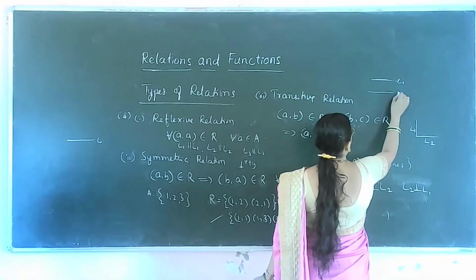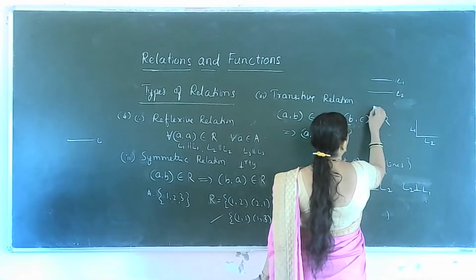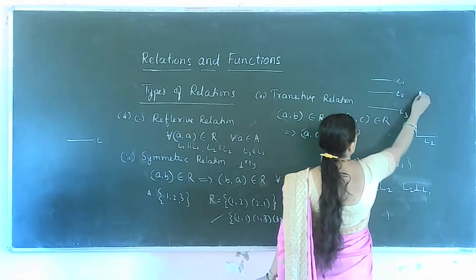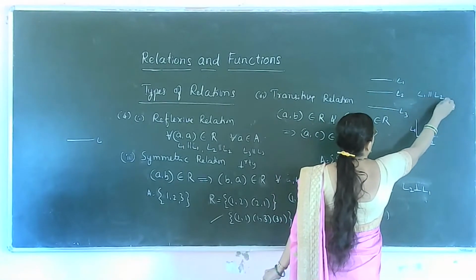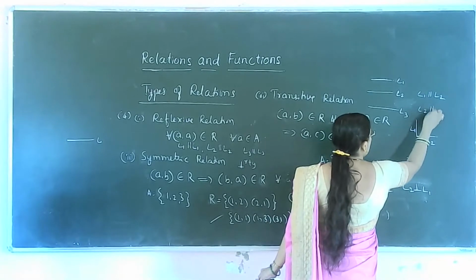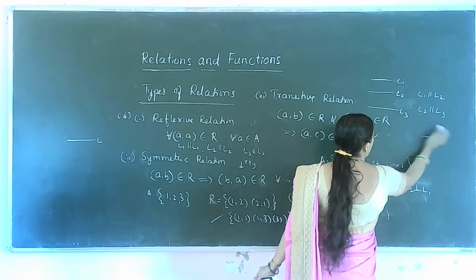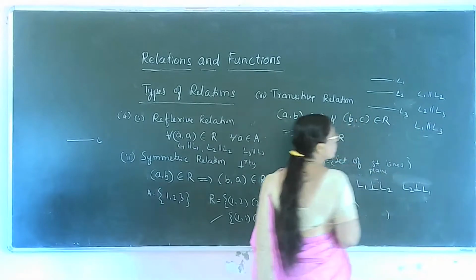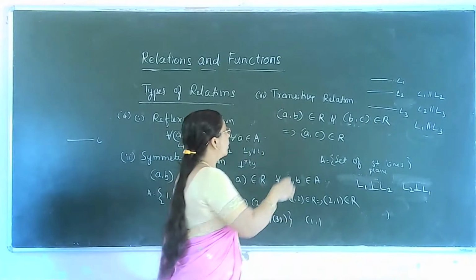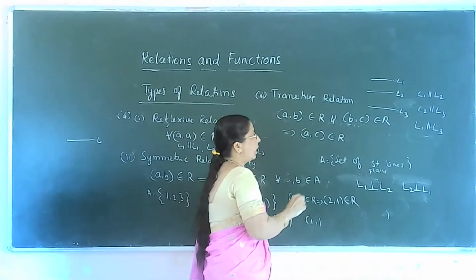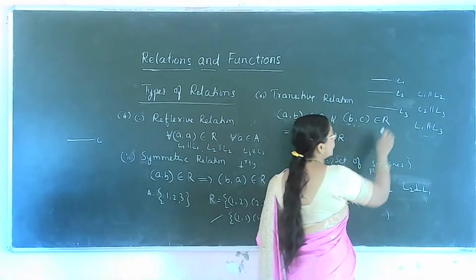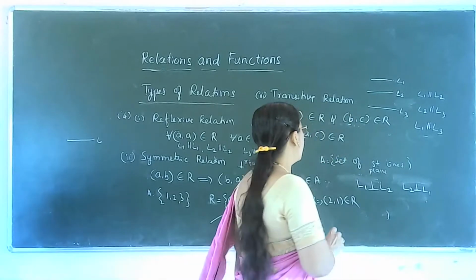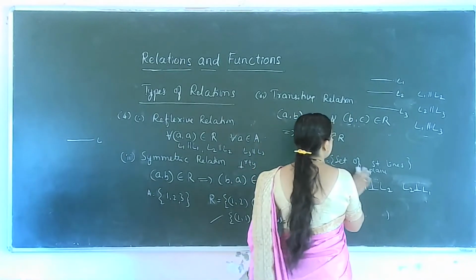L1 is parallel to L2, L2 is parallel to L3. You know L1 is parallel to L3 also. Therefore, the transitive relation is satisfied for parallelism.